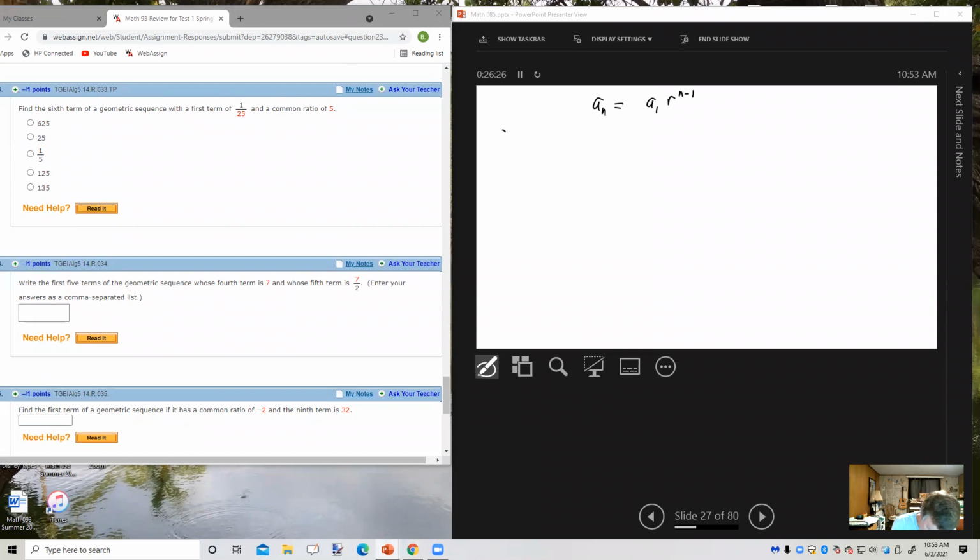We know that a sub 1 is 1/25, and the common ratio is 5. So we're to find the sixth term, okay? So a sub 6, that's what we're looking for.